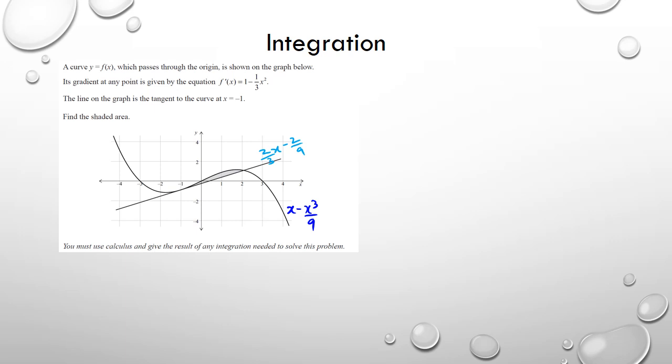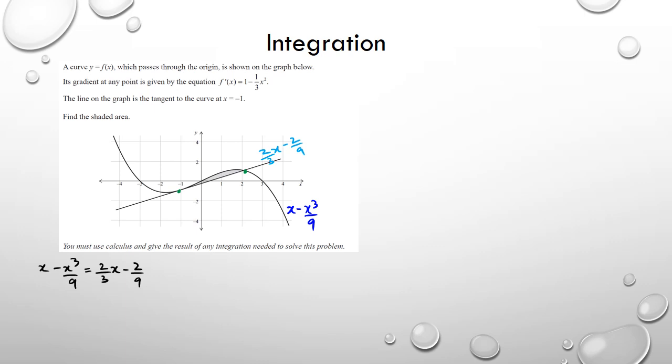From this point, we need to put them equal to each other to figure out what our two intersection points are. So we put both of the equations equal to each other: x minus x cubed over 9 equals 2/3 x minus 2 over 9.